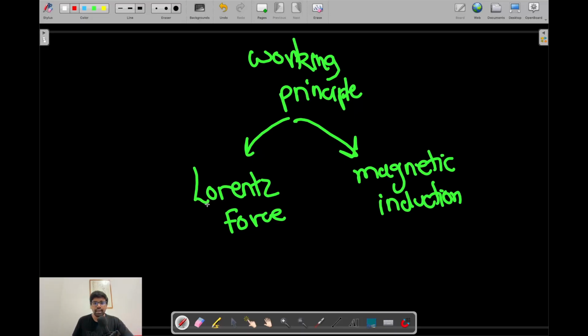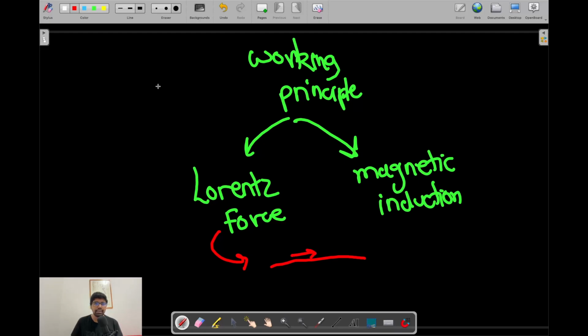So let's dive into the Lorentz force. What does the Lorentz force say? It basically says that if a wire carrying electrical current is placed in a magnetic field, then it experiences a force. To depict this, let's say this is a wire carrying an electrical current.